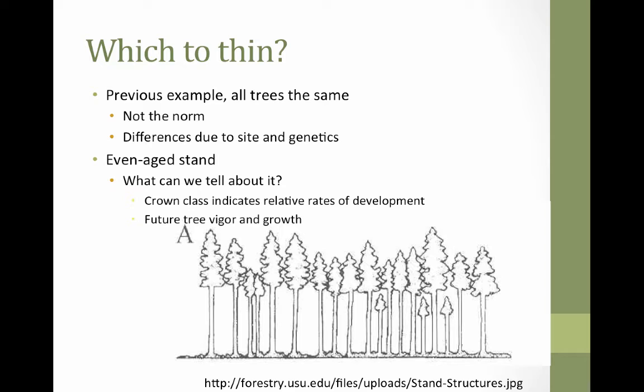It has higher height growth, greater diameter, fuller crown. There was some aspect that allowed it to increase in growth and height compared to, say, this tree over here. So this can also tell us a lot about our future tree vigor and growth.